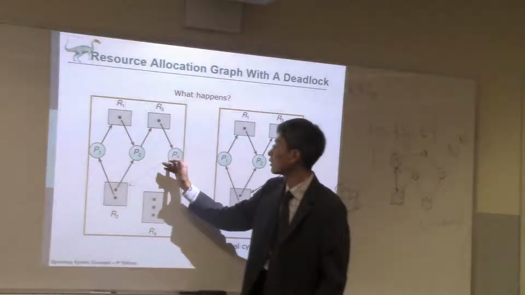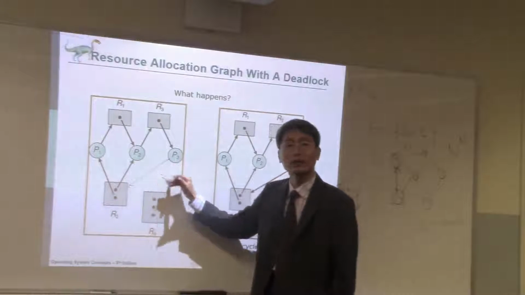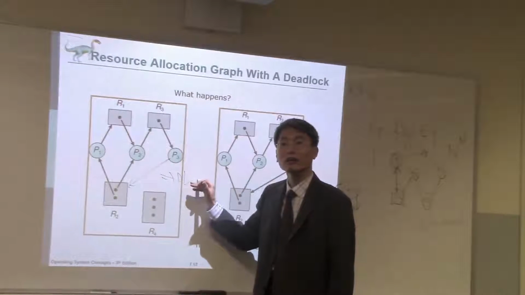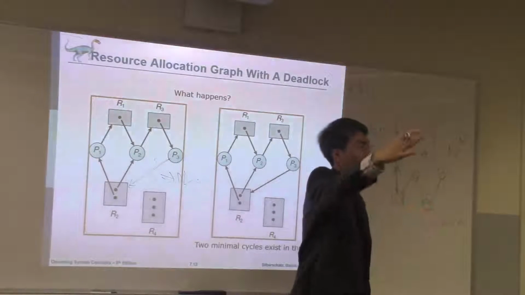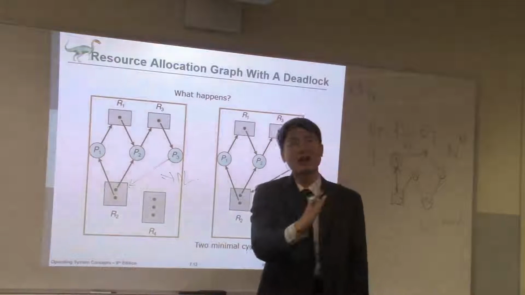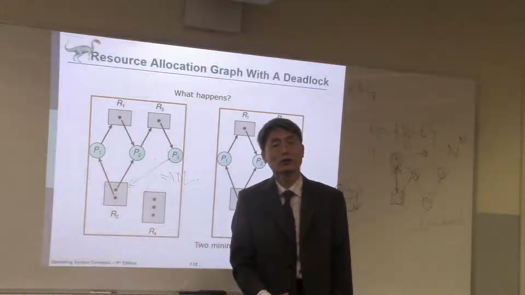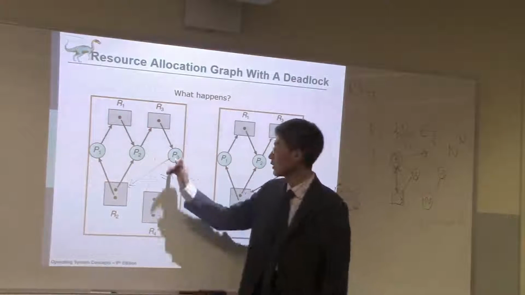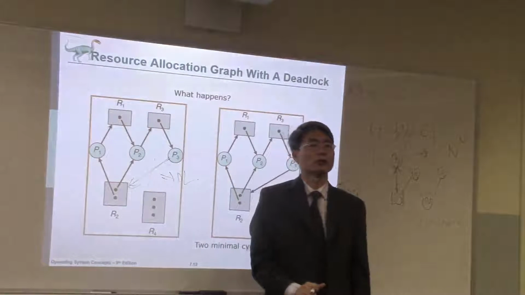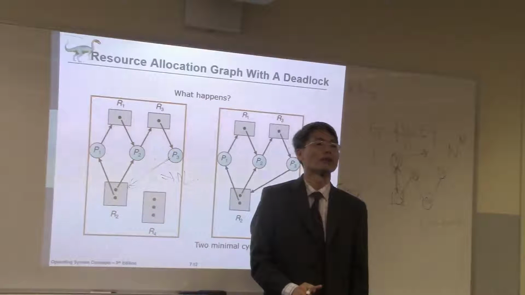If I allow this request, that will enter deadlock, right? So the operating system declines that request. That is deadlock avoidance. So how can we check whether this allocation leads to deadlock?